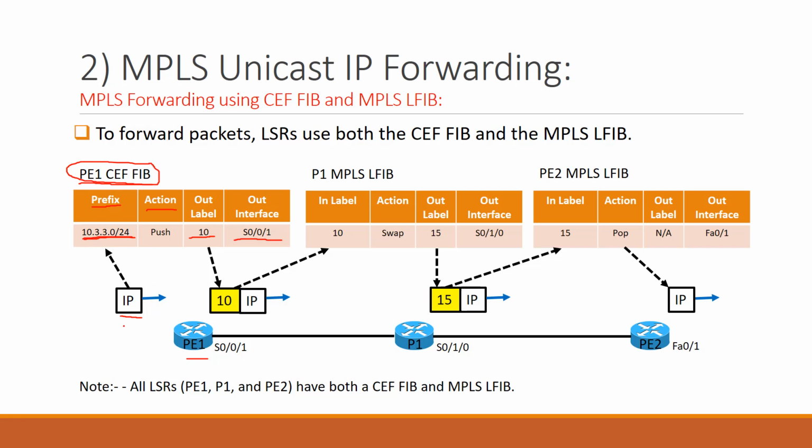So when a provider edge receives an unlabeled packet, it will check the CEF FIB table, find the matching entry for that prefix inside the unlabeled packet, and then take the action, which is to push, inject, or insert a label with decimal value 10, and send this labeled packet out of serial 001.